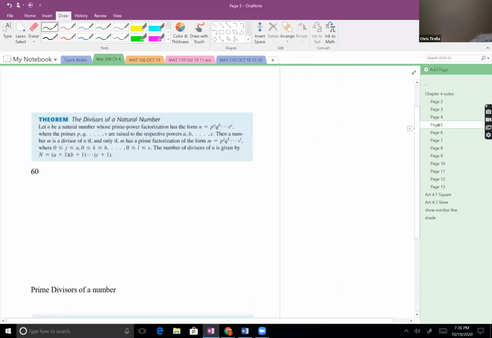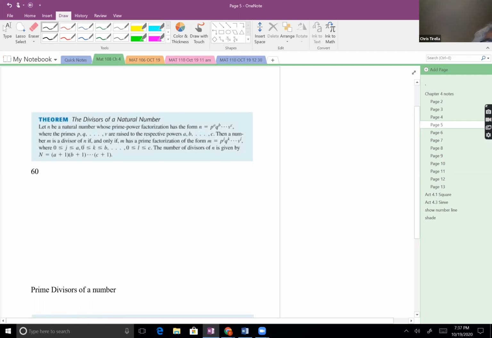And I have to cheat. I cut and pasted this from the virtual textbook. The theorem says: let n be a natural number whose prime power factorization has the form n equals p to the a, q to the b, r to the c, for primes p, q, up to r raised to the powers a, b, c.